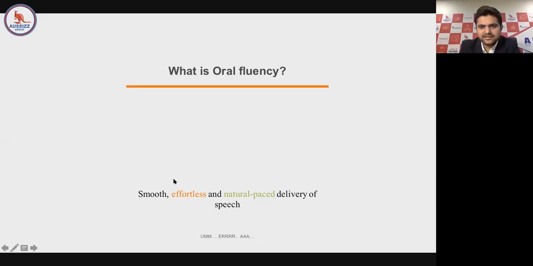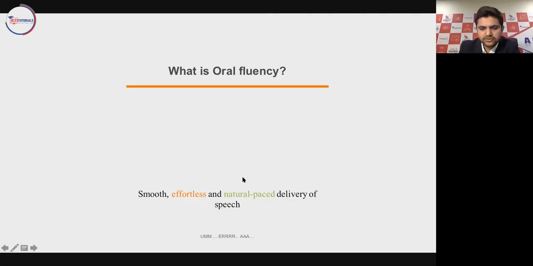But the definition that we are looking at from the point of view of PTE is this. Oral fluency just means smooth, effortless, and natural paced delivery of speech, which means you have to speak smoothly, and when you speak, it should seem as if you are not making any extra effort to speak those words, and whatever you speak is in a natural pace. When we say natural pace, it does not mean that you speak very fast nor very slow.